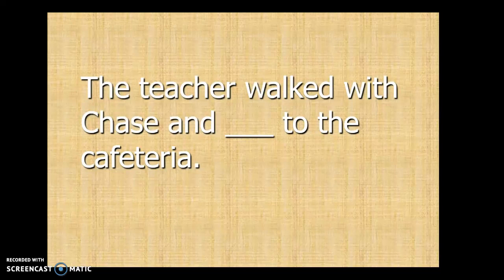Would you say the teacher walked with me to the cafeteria? Notice I'm getting rid of the Chase and. I'm testing it by itself. The teacher walked with me to the cafeteria. The teacher walked with I to the cafeteria. I bet you know what that one is. Yes, it's me, see? Because with is a preposition, and we have to use an objective case pronoun with a prepositional phrase.